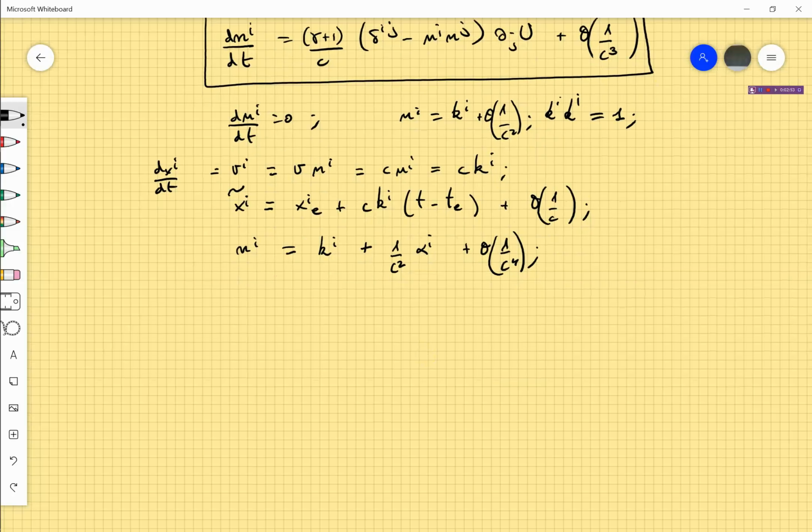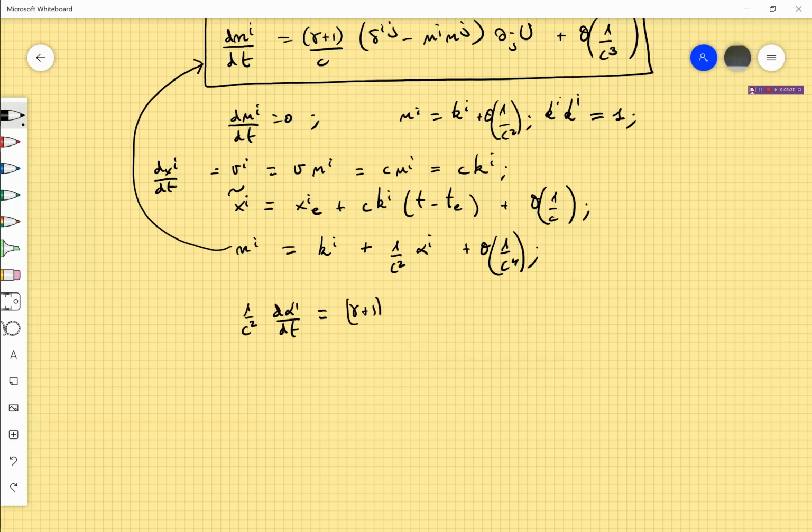Now you plug this Ni into the equation here, and since ki is constant, you get that 1 over c squared d alpha i dt. You have plugged this solution as an ansatz here everywhere.